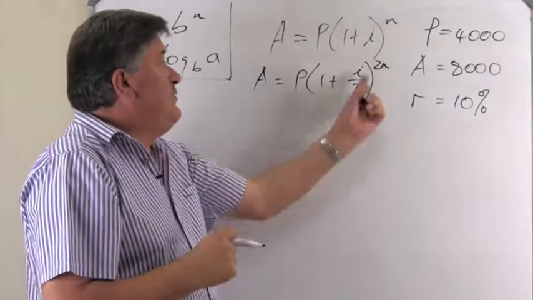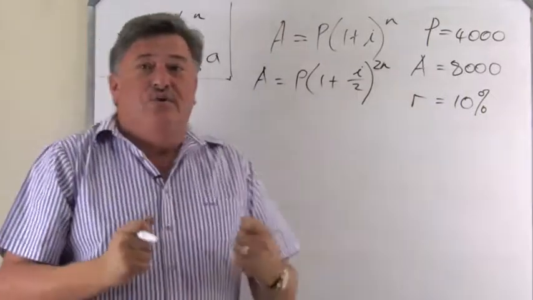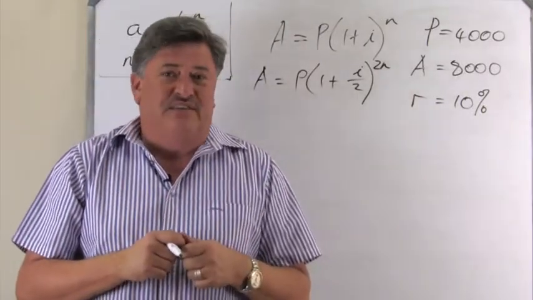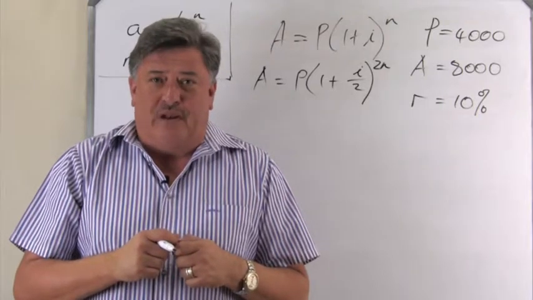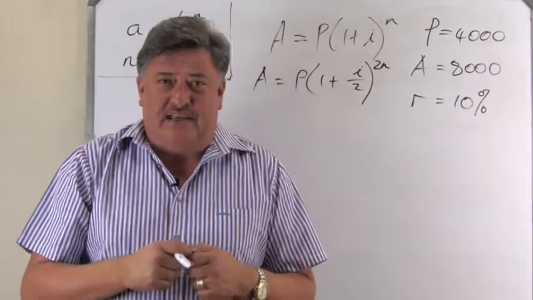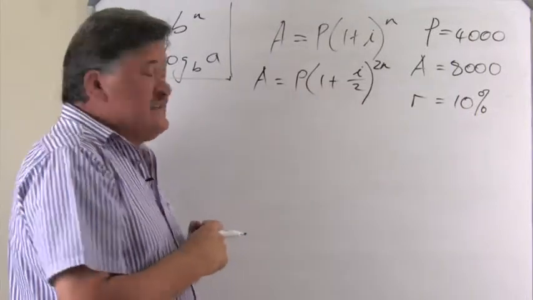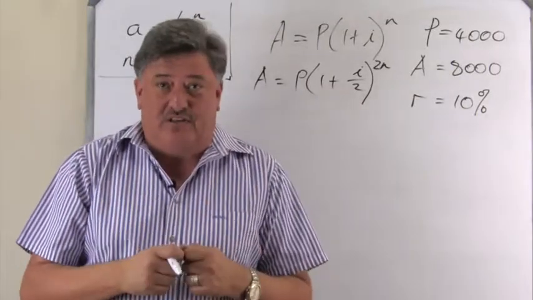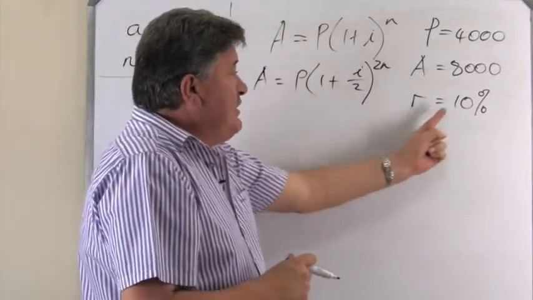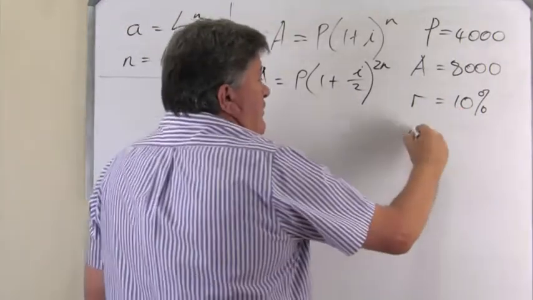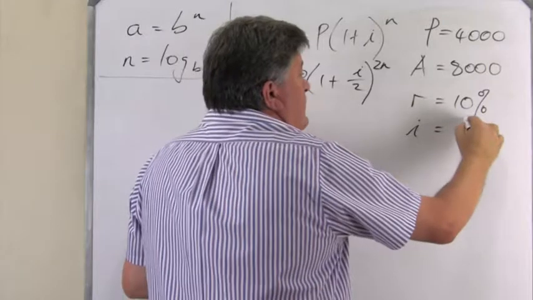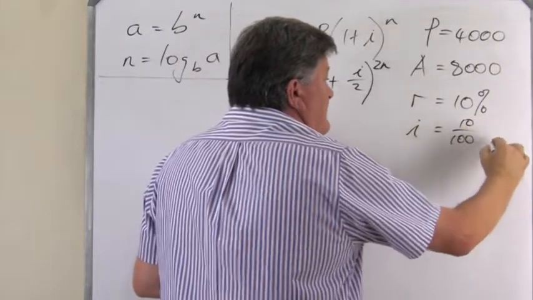You may think it will be a problem to solve. You will see as we go along, it doesn't really make the problem more complicated. It makes it much easier. So let's now do our substitution, and let's then calculate how long it will take. So r is equal to 10%. Remember, when we want i, we say it is 10 over 100.